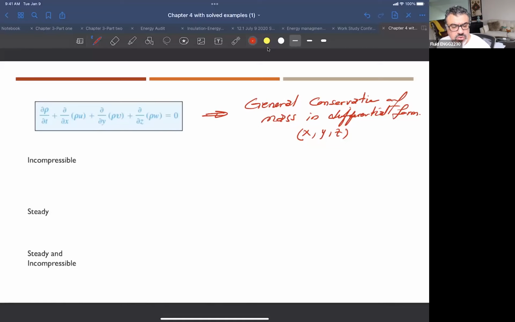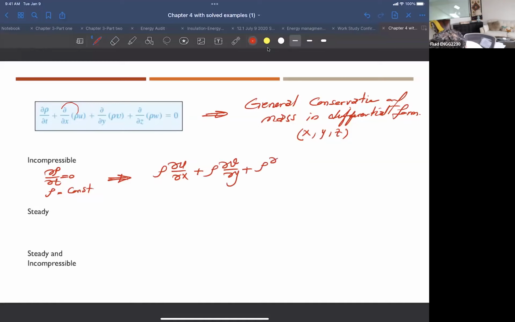So in this case, d rho by dt is 0, and also rho is constant, which means I can write this equation as rho du by dx, because I take the rho outside the derivative since it's constant, plus rho dv by dy plus rho dw by dz equals 0.